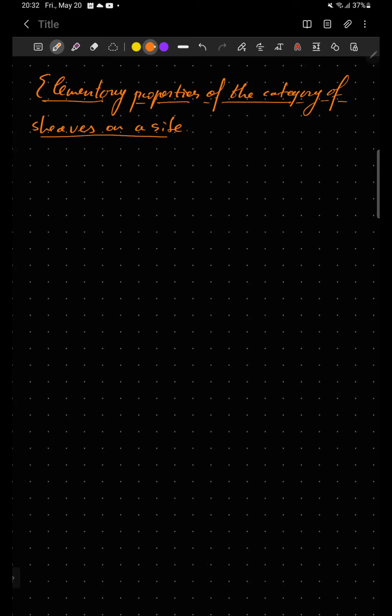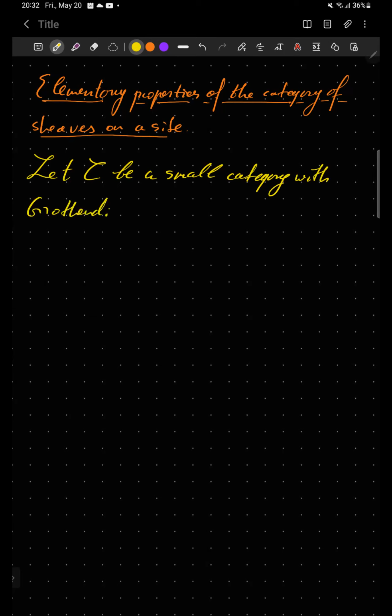Okay, so let's fix the setup. Let C be a small category with Grothendieck topology J. Let us write down the adjunction which we established last time.